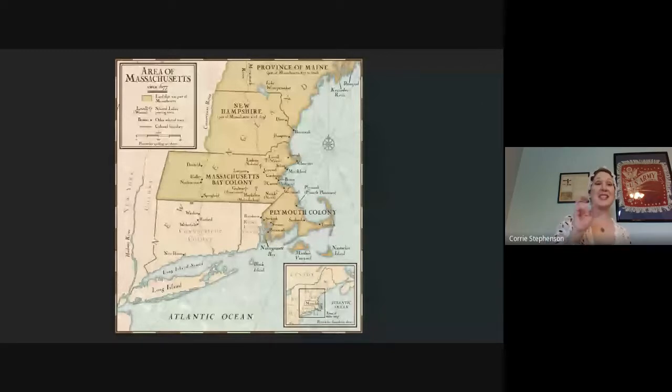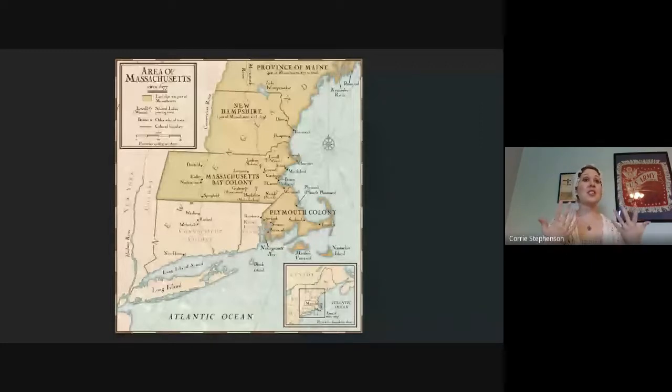The Church of England is the state church, the state religion of England. It is, in the minds of many Puritans and separatists, a little too Catholic-y. There's a little bit too much Catholic stuff going on. And so they want to purify the church of those Catholic elements. That's why they are known as Puritans.